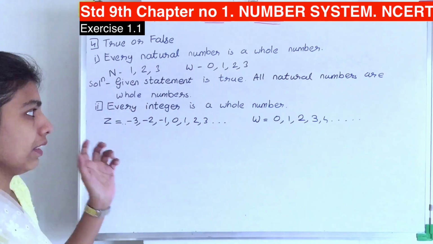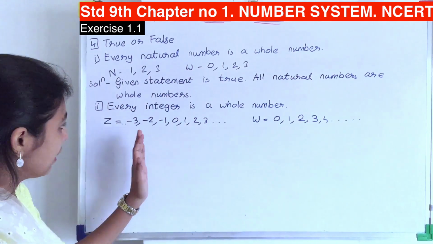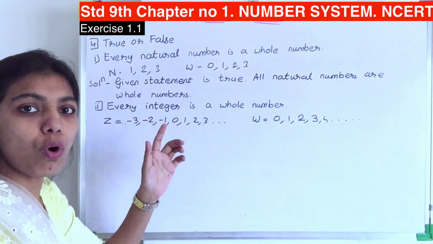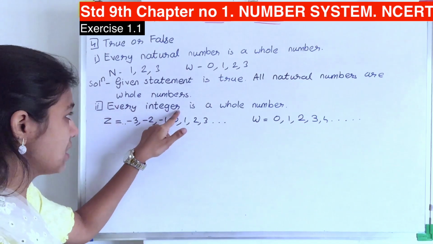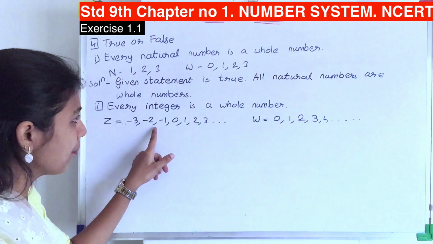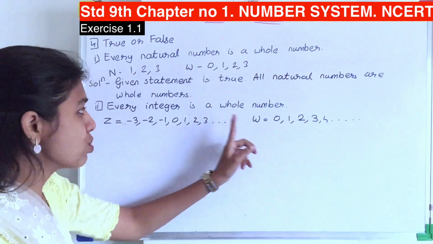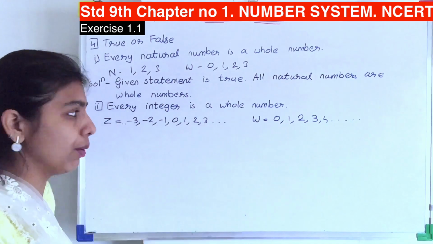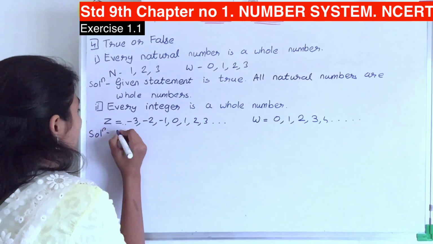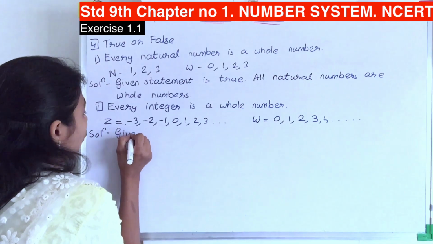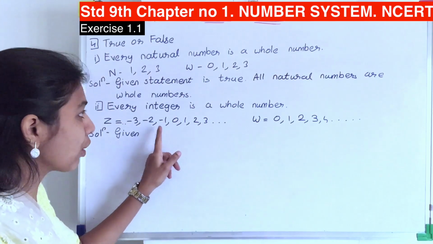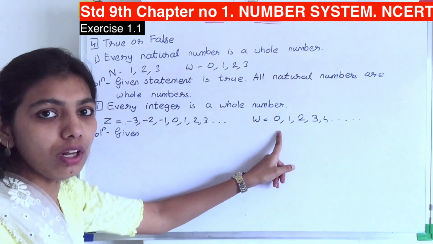Now see, you can easily look at those numbers and say whether the given statement is true or false. Every integer is a whole number. Now see, are negative numbers present in the whole numbers? No. So they have given you every integer is a whole number; this statement is a false statement. Why is it a false statement? Because minus numbers are not available in the whole numbers.